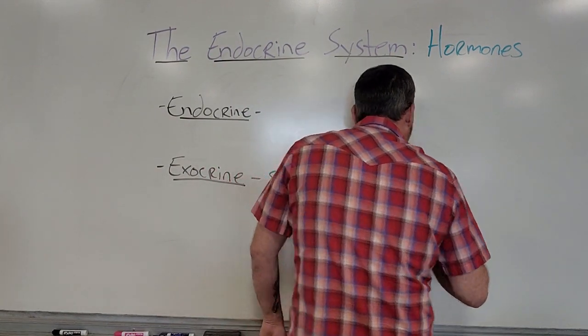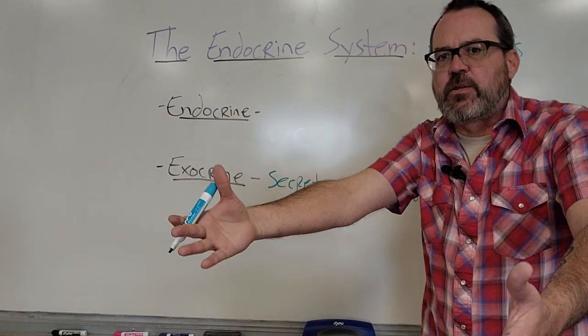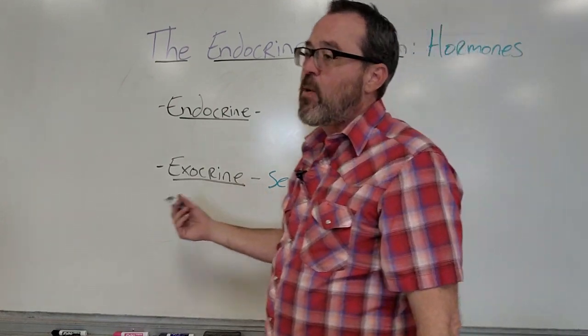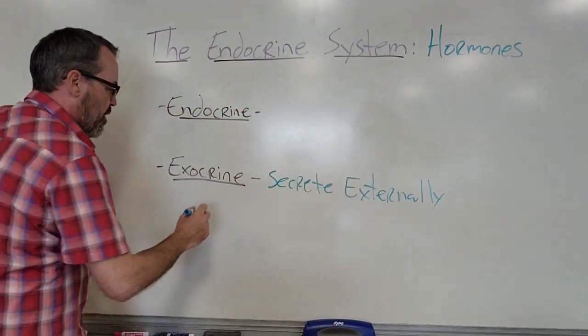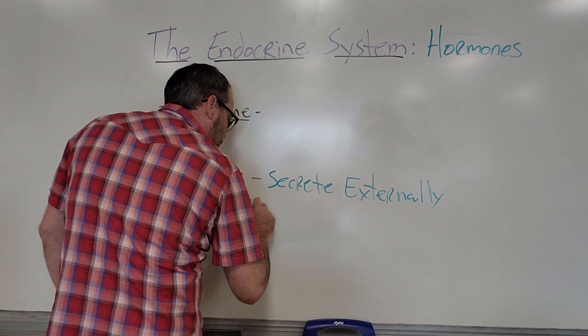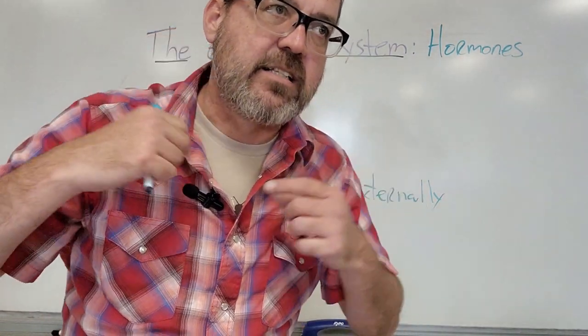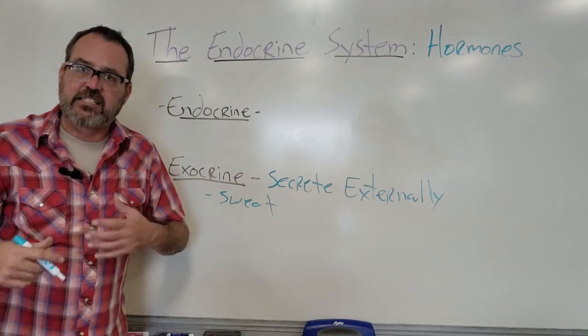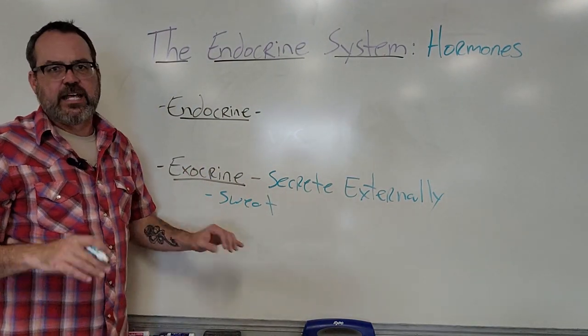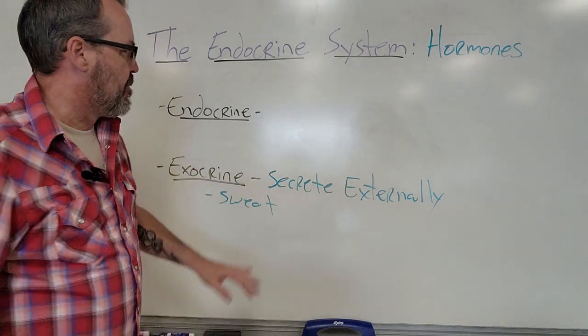They secrete it externally to the outside of the body. This is for stuff like your sweat glands that leak out of your pores. Sweat glands, milk glands, earwax glands, scent glands, these are all exocrine glands because they're excreting outside.